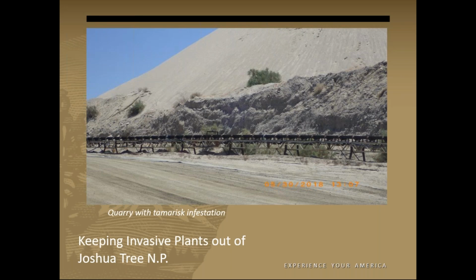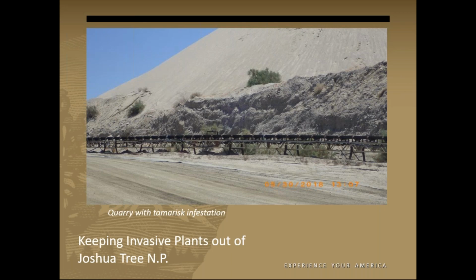I've partnered with Alex and the roads crew. And anytime we bring in fill or gravel or any type of material into the park that comes from a quarry, we go and we do a quarry inspection. This photo here shows a quarry. They have tamarisk growing in that pile of material and also along that conveyor belt.